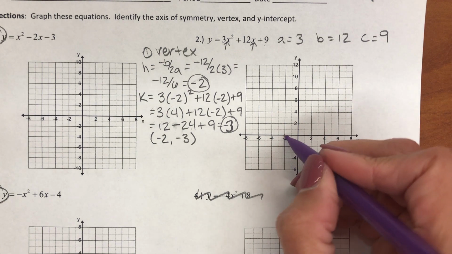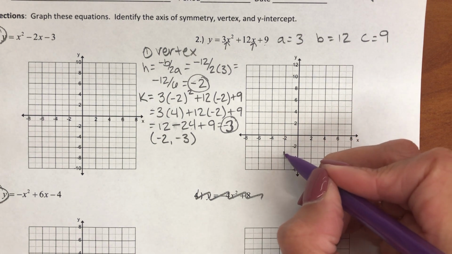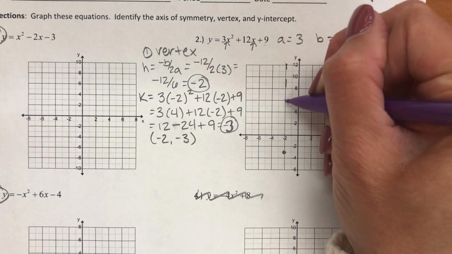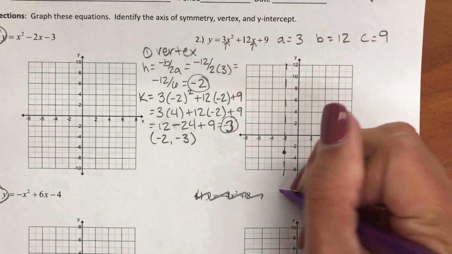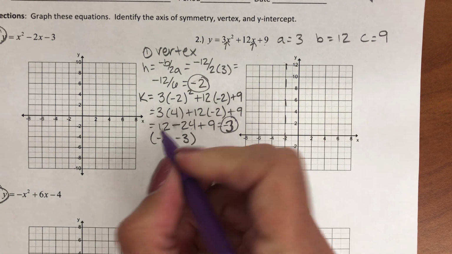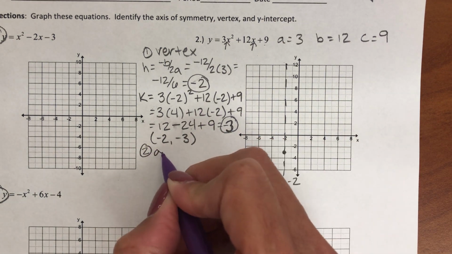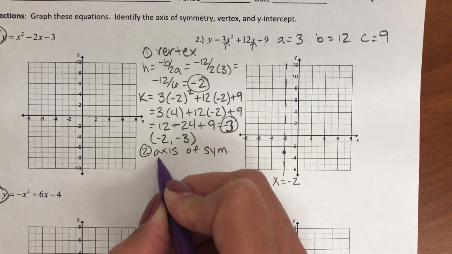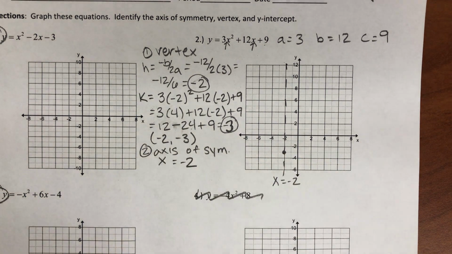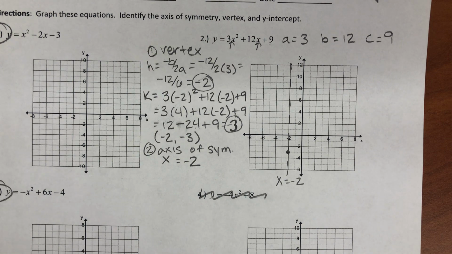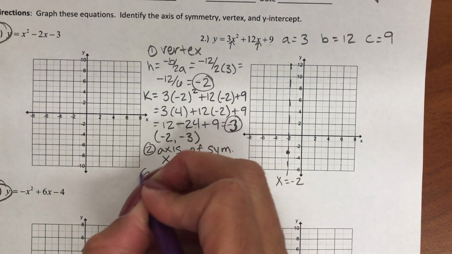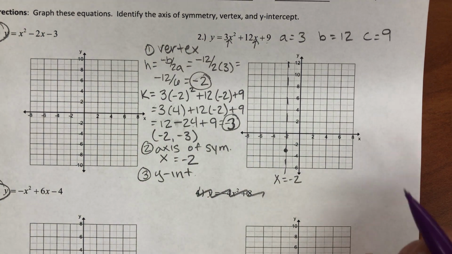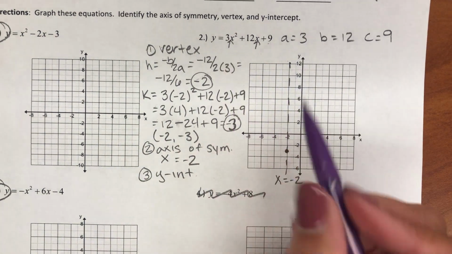So I can plot that, (-2, -3), and that also gives me my axis of symmetry at x equals -2. So step 2, axis of symmetry, x equals -2. Now I need to find my y-intercept. So to find the y-intercept, you're going to replace x's with 0.